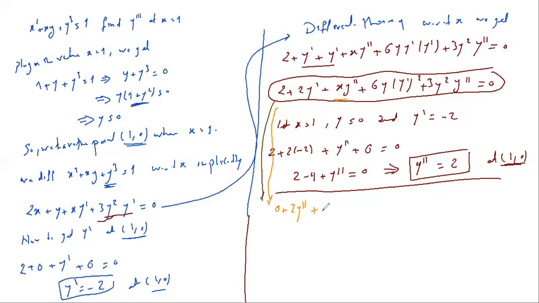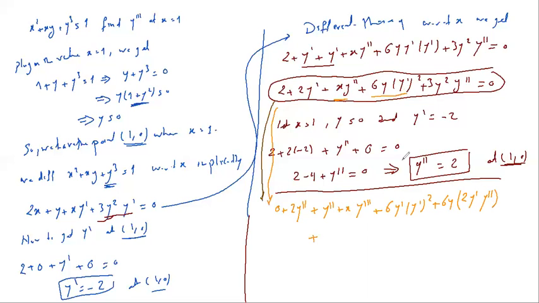Derivative of the first is 1 times the second, plus x times the derivative of the second, which means y triple prime, plus 6y y prime squared, this is a product of two functions, 6y and y prime squared. Derivative of the first is 6y prime times the second, y prime squared, plus 6y, the first, times the derivative of the second, which means the derivative of y prime squared, 2y prime y double prime.